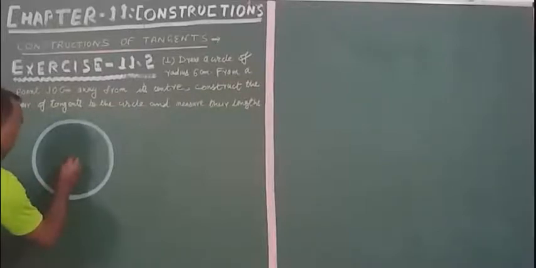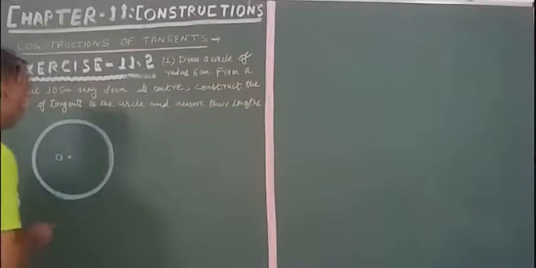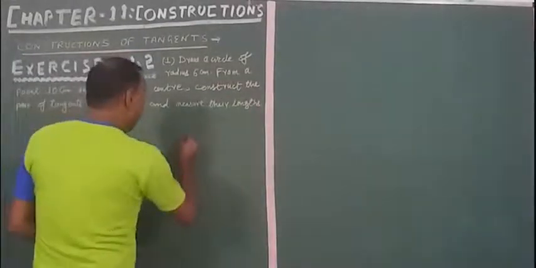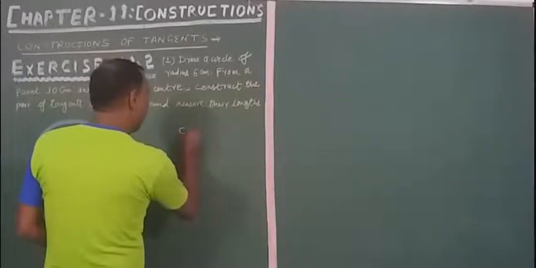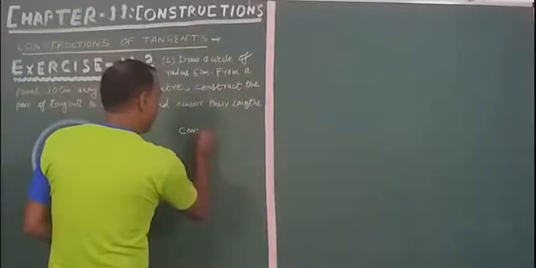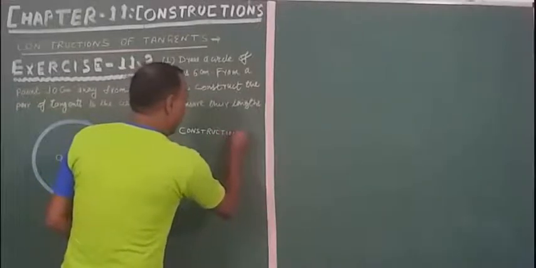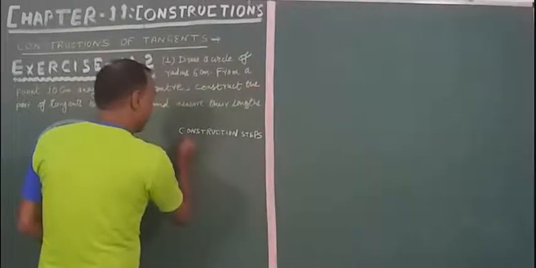With center O. First step is this. We will draw a circle of radius 6 centimeter. Construction steps.